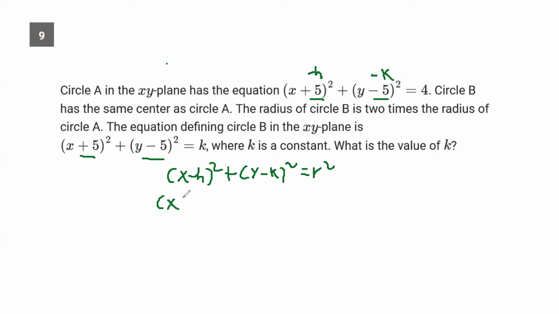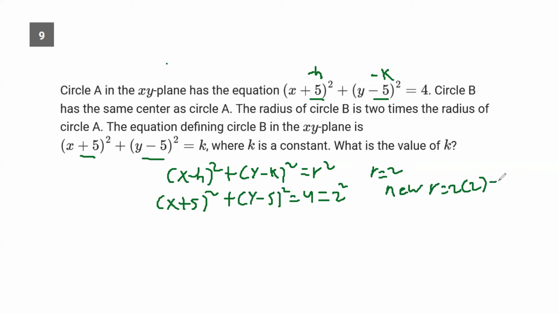So you have (x plus 5) squared plus (y minus 5) squared. Let's do the original. Equals 4, which is r squared. So that means r is 2, since 2 squared is 4. So we're going to double it: the new r equals 2 times 2, which is 4. Then it's going to be (x plus 5) squared plus (y minus 5) squared equals 4 squared.